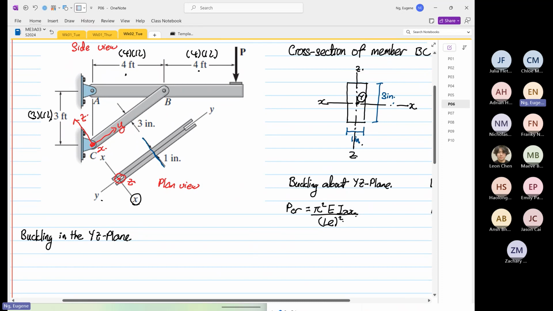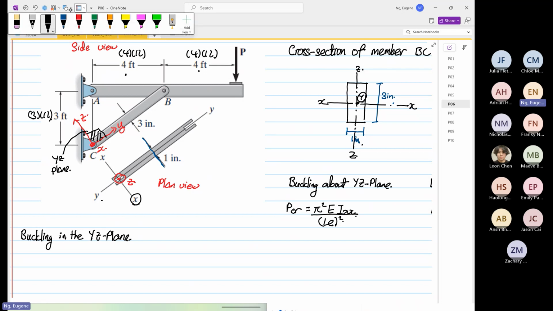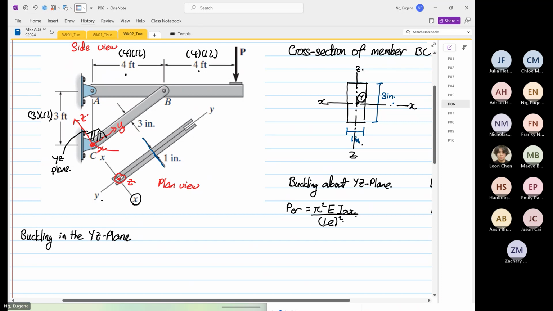So YZ plane, right, is this plane over here. If I draw a box down here, this is our YZ plane. And YZ plane, if we were to buckle, right, it will buckle like this.